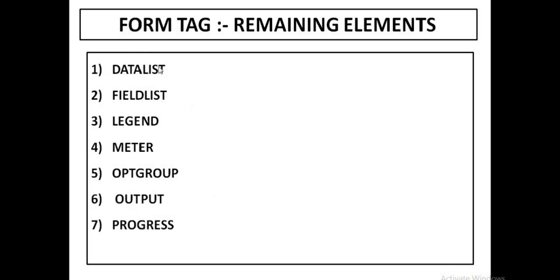So the remaining datalist, then meter, progress, optgroup we will do in our next practical. There is a little bit more practical as compared to this because it is a very huge topic, and I wanted you to know each and every point here, so you are able to use these elements better to create your form.